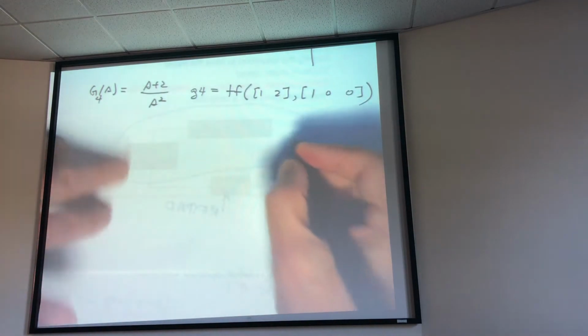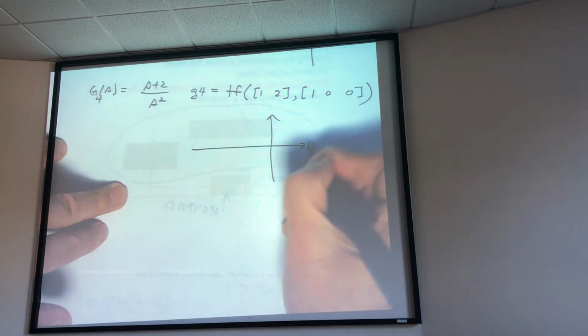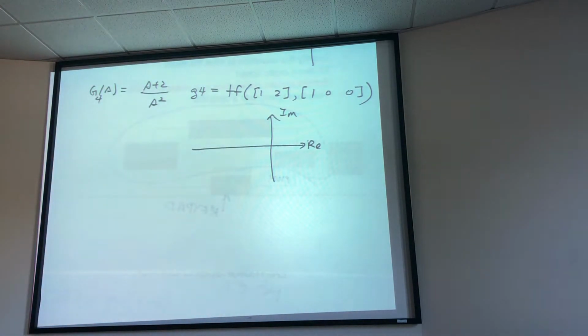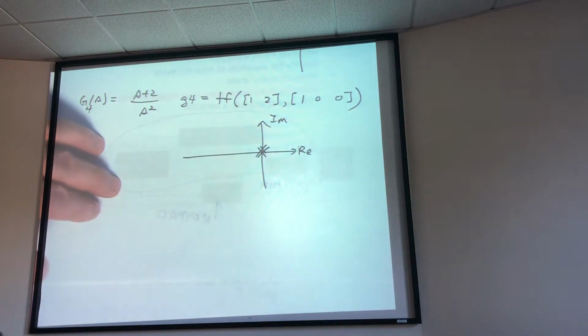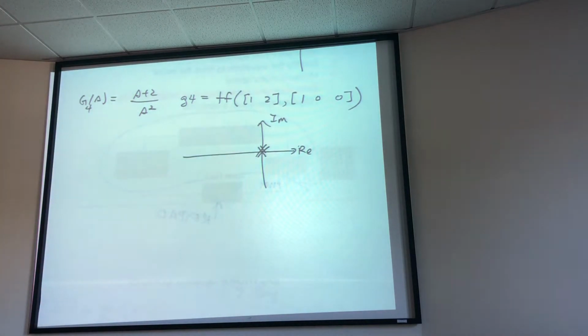Do the root locus again. Label our axes real and imaginary, and let's put in the poles. There are 2 poles. The nice thing about doing it by hand is you can draw it like this and make it look like it has 2 poles. The computer is going to draw it very accurately and put 2 X marks on top of each other, and you're saying, why are there 2 lines emanating from one point?